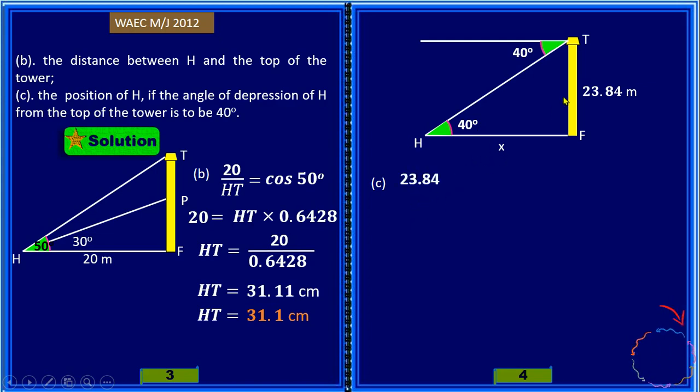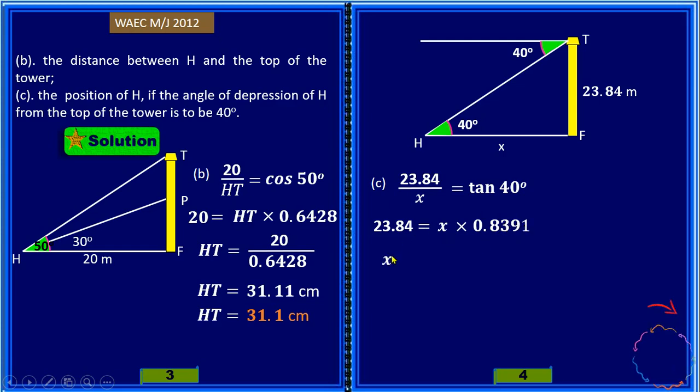So now the opposite to 40 degrees is 23.84 meters, and that's what we have here. We are going to divide that by x. That's what we have here, and that will give us tan 40 degrees. Then we are going to cross multiply. 23.84 will be equal to x tan 40, and tan 40 is equal to 0.8391.